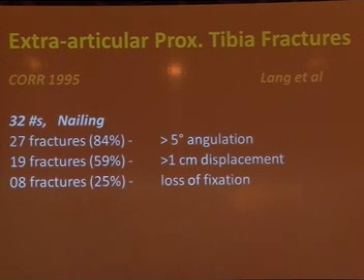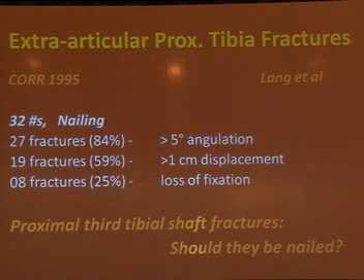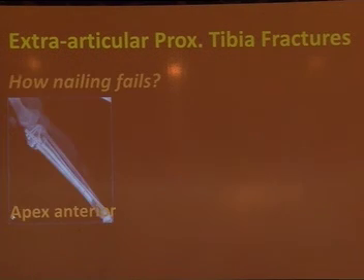Later, Lang et al. nailed 32 proximal extra-articular fractures, and see the complication rates. More than 5 degrees of angulation, 84%. It's a big number. So, is it ideal to nail these fractures? Or should we use some tips and tricks, corrections of the problems? How does nailing fail?